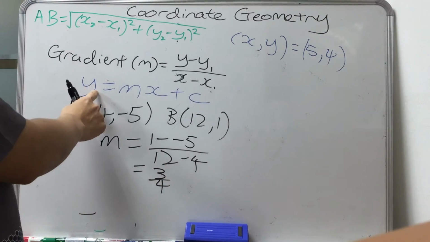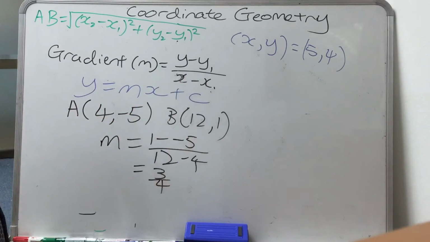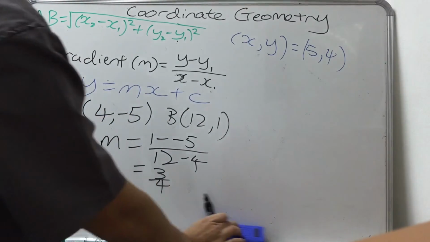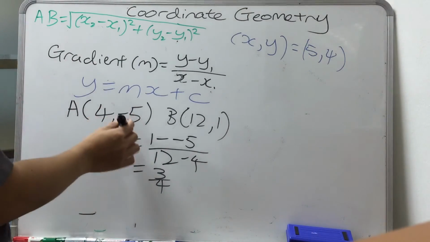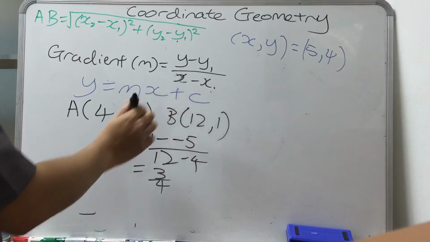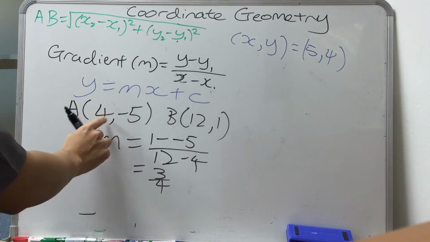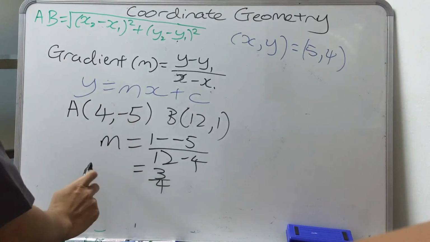Okay, so you have y equals 3/4 x plus c. You still do not know what c is. So we substitute either of the points into this equation. Let's say we use x and y as 4 and minus 5.